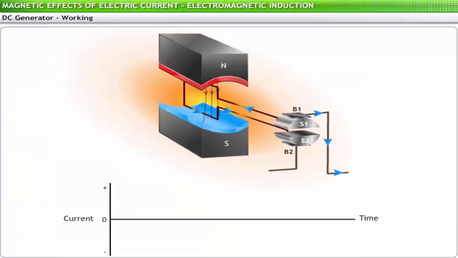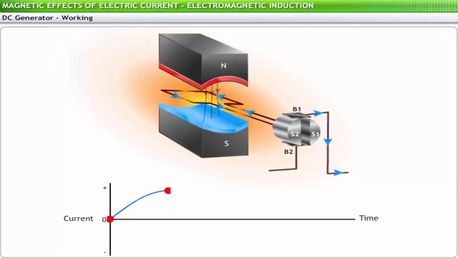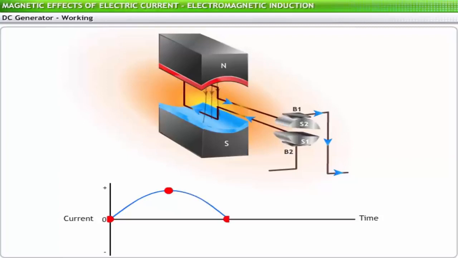In a DC generator, when the coil rotates through 90 degrees, the change in magnetic flux induces an electromotive force of maximum strength. This current flows through the split rings to the brushes. When the coil is rotated further, at 180 degrees, the electromotive force becomes 0.